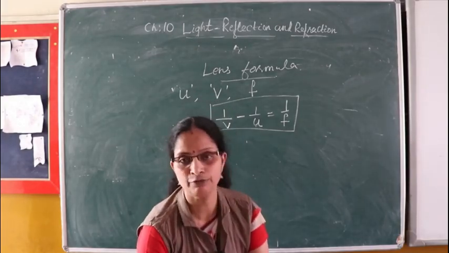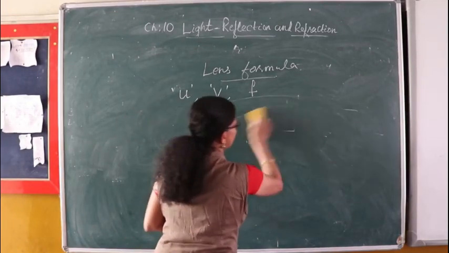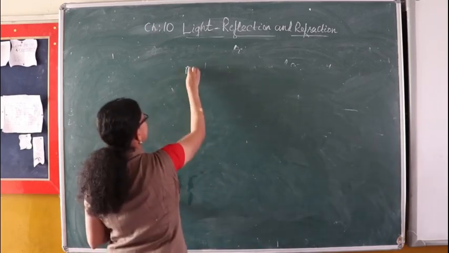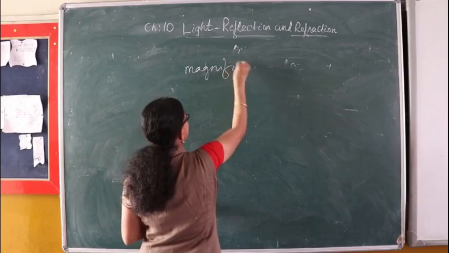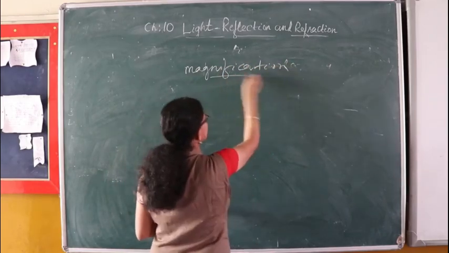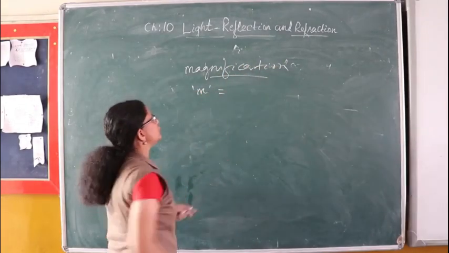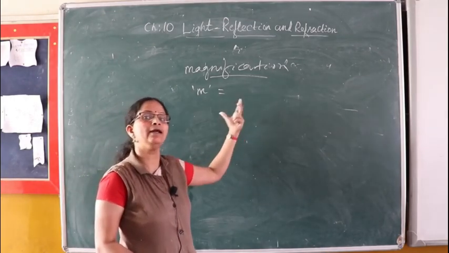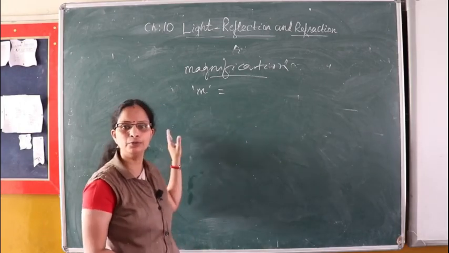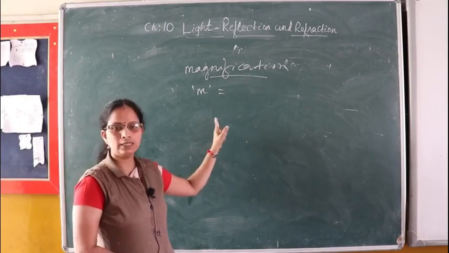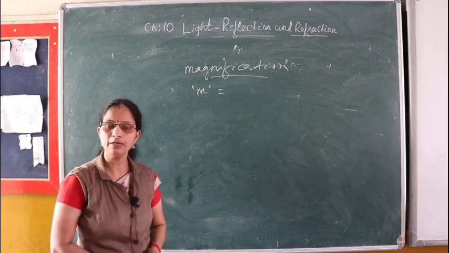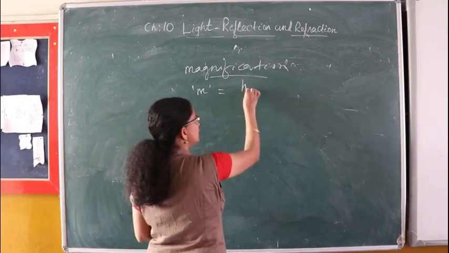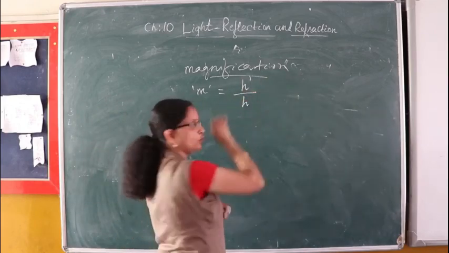Now about magnification. Magnification is denoted by the letter M, which shows the extent of the image, whether it is enlarged or diminished compared to the object. The magnification M is defined as the ratio of the height of the image to the height of the object.